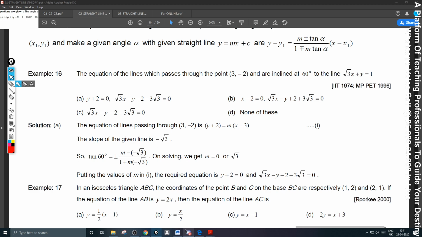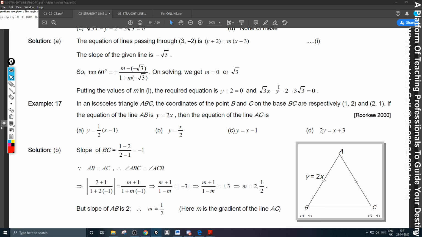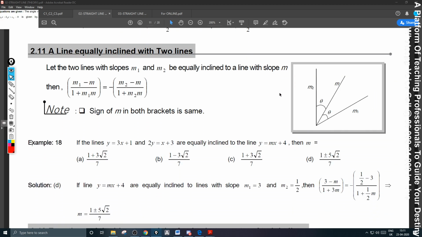Now, the next question. Okay, next concept please. A line equally inclined with two lines. See, this line is equally inclined to this line.